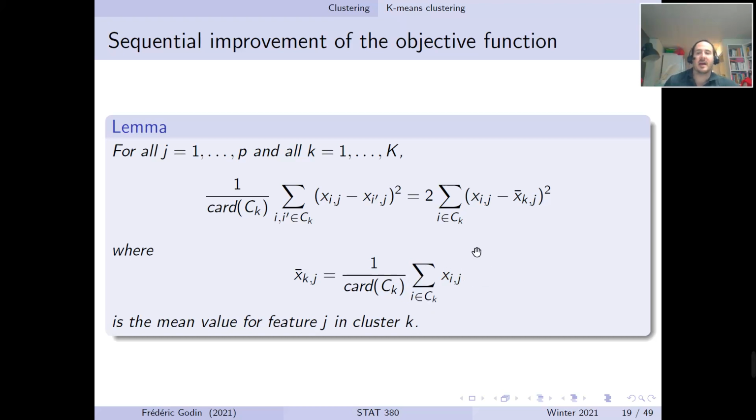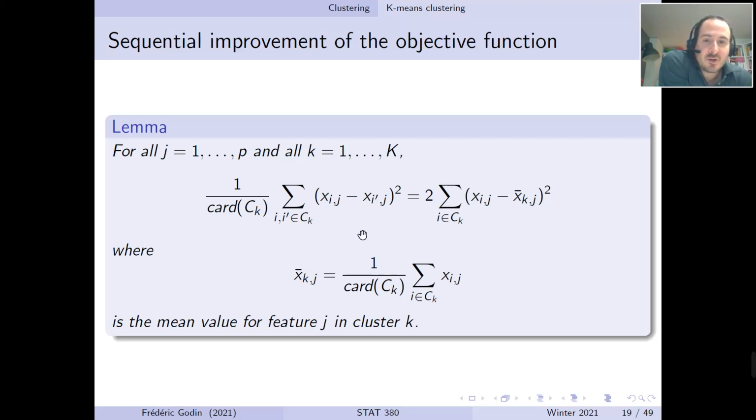So we can see that summing the squared Euclidean distance within a cluster and dividing by the number of observations in that cluster is equal to twice times the sum across all observations of the cluster of the squared distance between the jth predictor and the average jth predictor in cluster Ck.